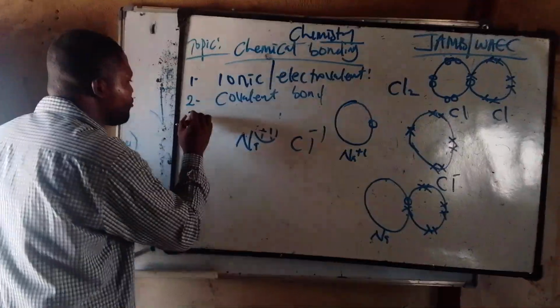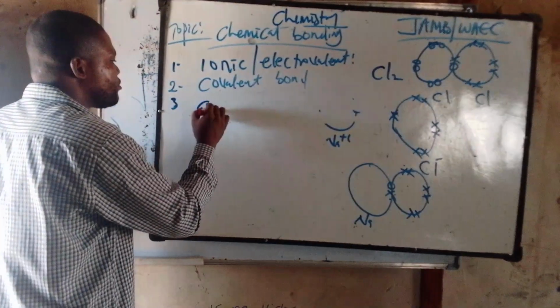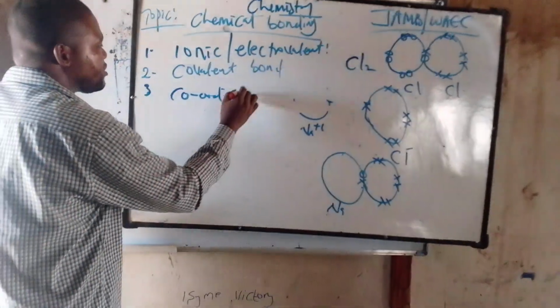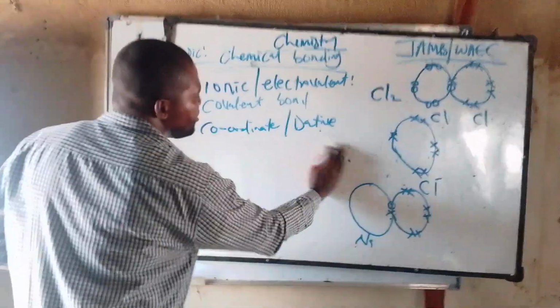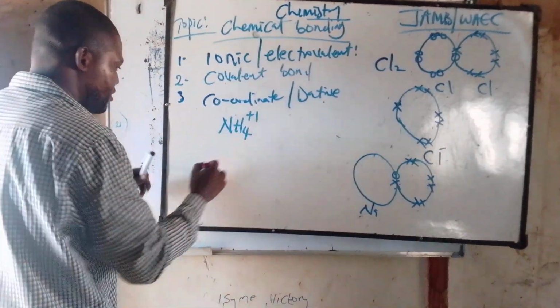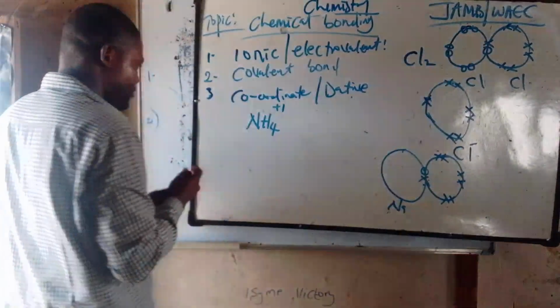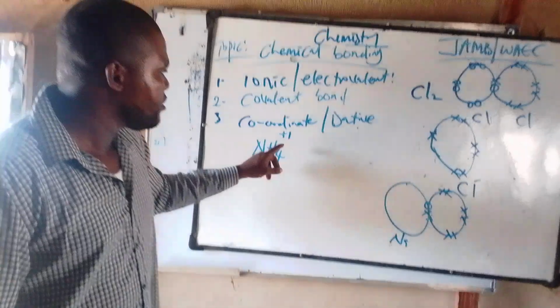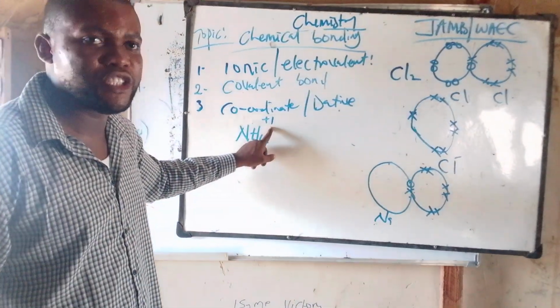The third type of bond we're looking at now is coordinate or dative bond. This type of bond means that the two combining elements will share one charge.